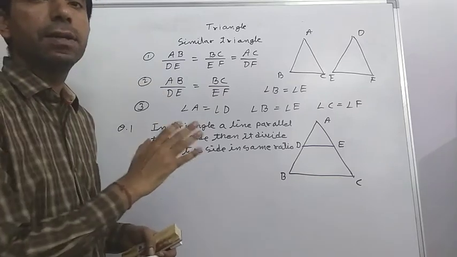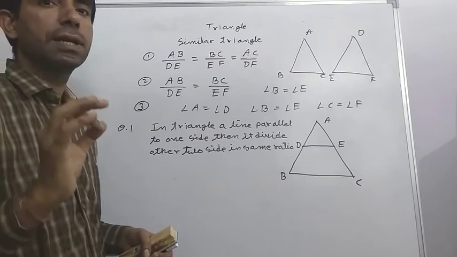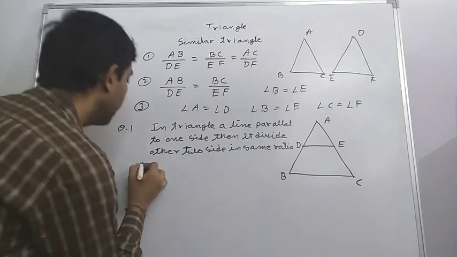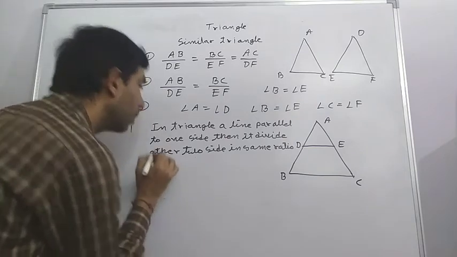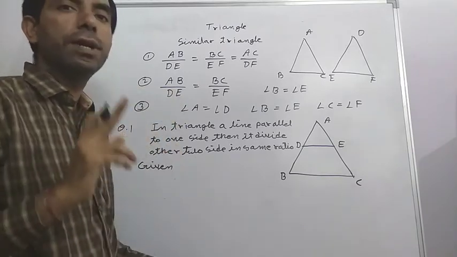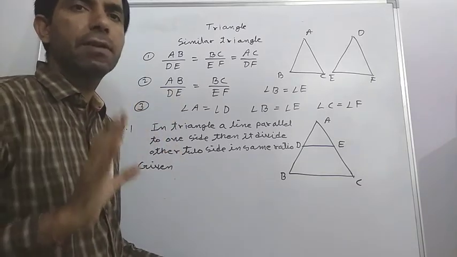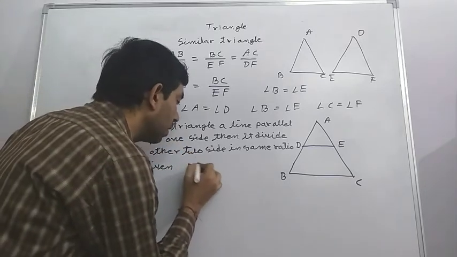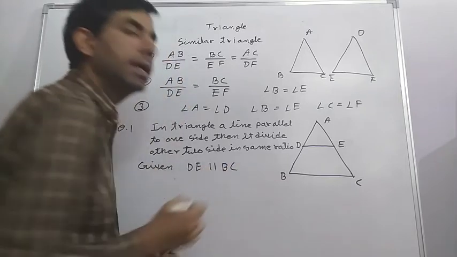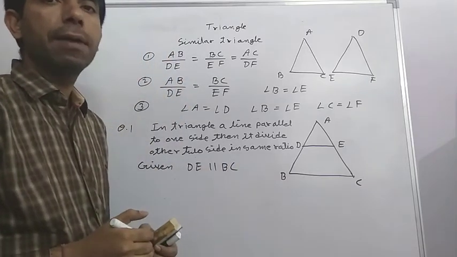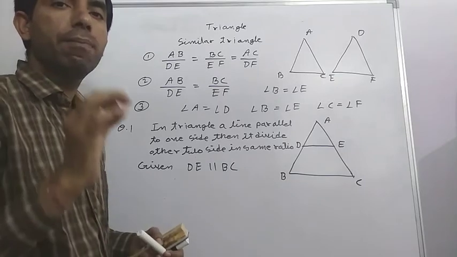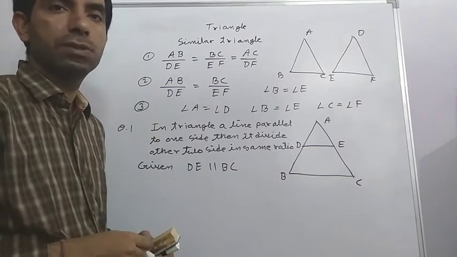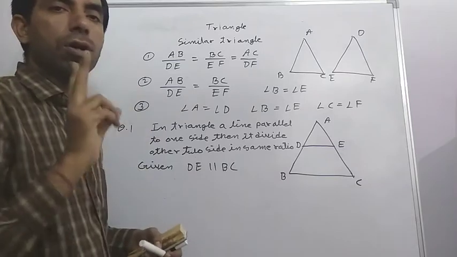To prove that, we are given only a triangle and DE parallel to BC. In any theoretical and prove-that question, first remember what is given, because the given is the base of our solution. So in our question, only two things are given.